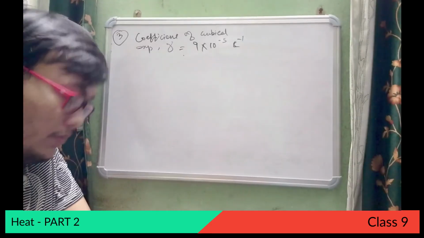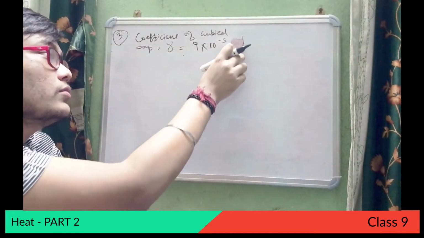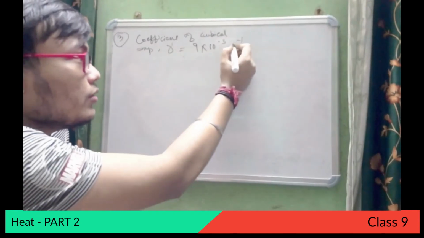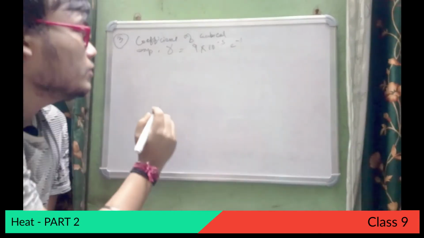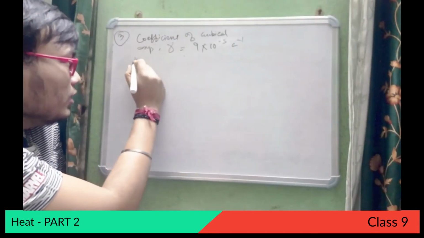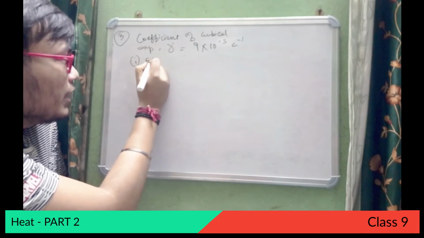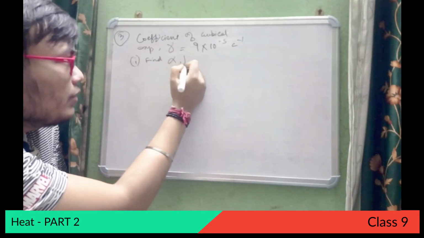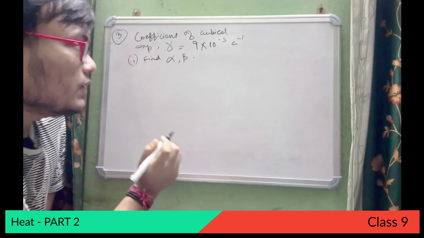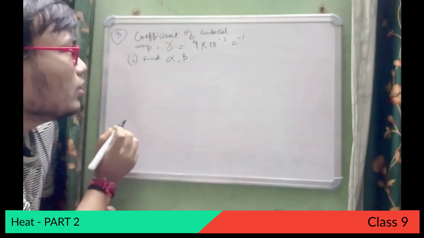So find alpha and beta. So these are the things which are given.